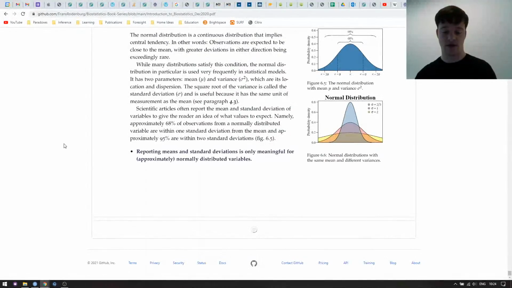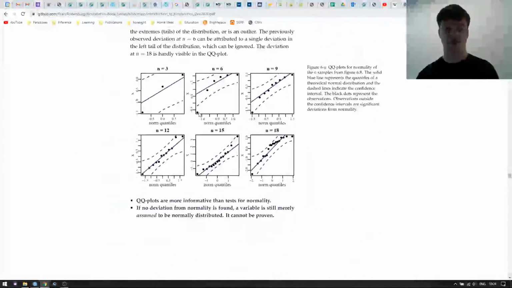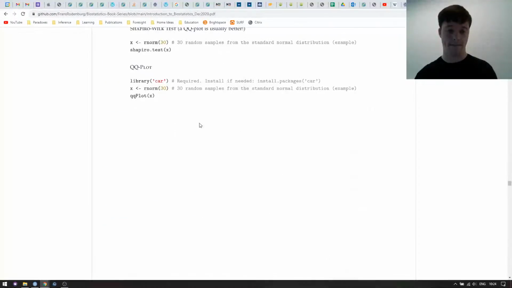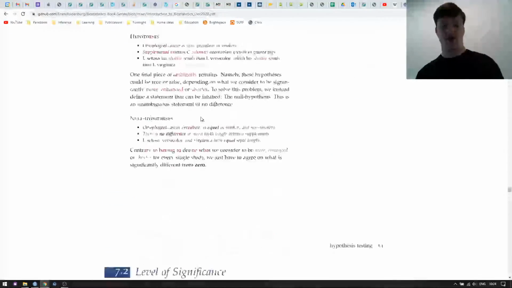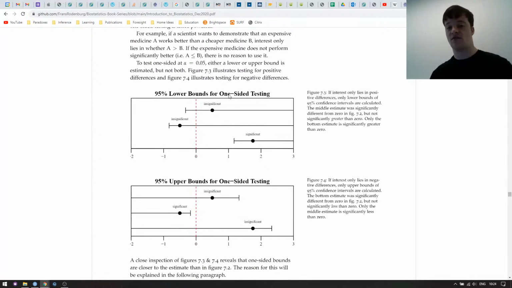I just quickly want to show what it looks like when something is one-sided or two-sided. Okay, so for a one-sided test, this is what the confidence intervals look like, right? You're basically saying it is at least this large, can be any other value as long as it's larger than that, because we're only assessing one direction.